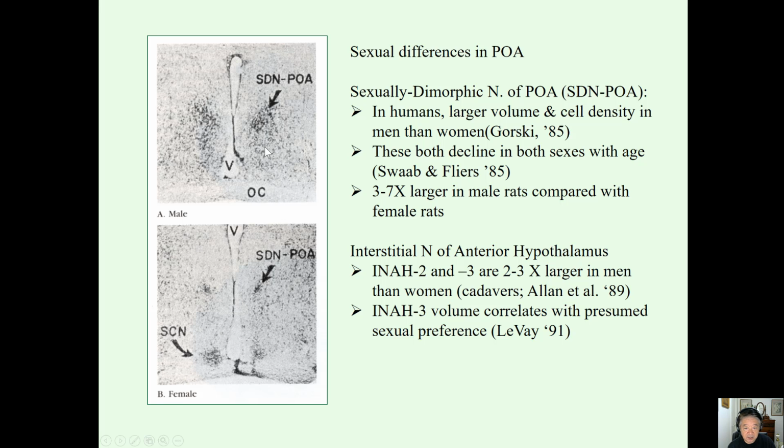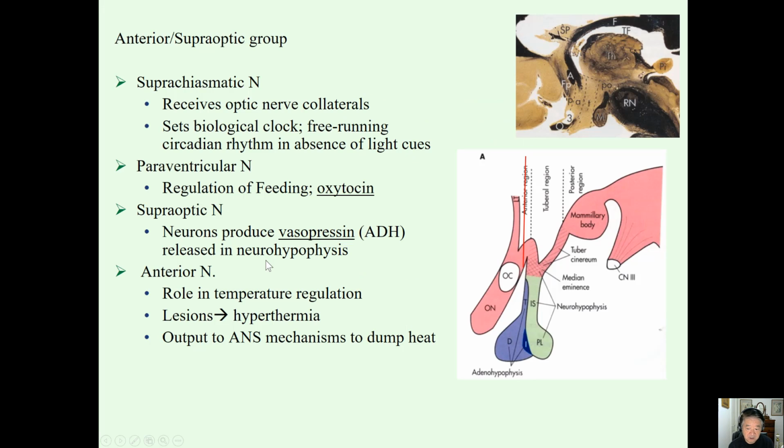In addition, in other areas, you also see patches of large cells, and you see very few in females. This is called the interstitial nucleus of the anterior hypothalamus, labeled here as SDN. They are sexually dimorphic because they exist only in males and not in females. This is your preoptic region.